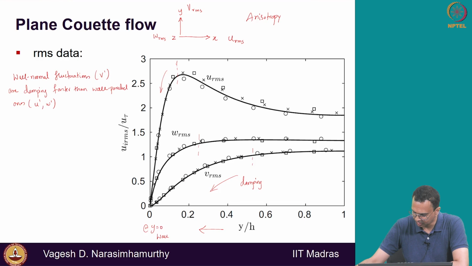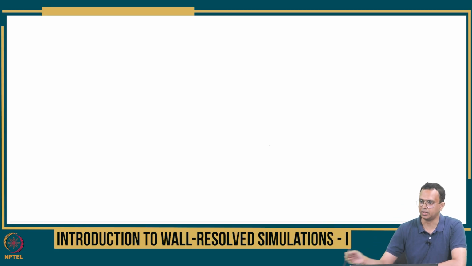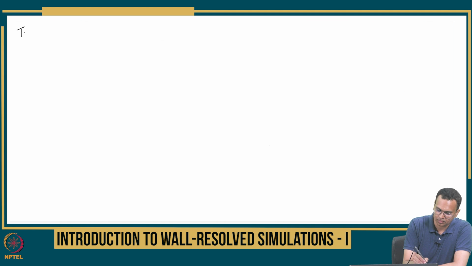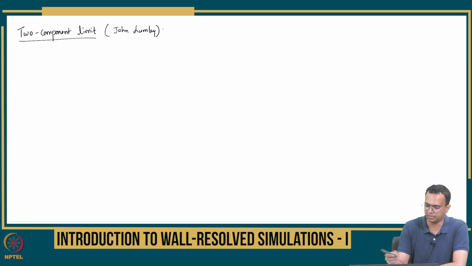So this particular state of turbulence is called a two component limit. This was discovered by John Lumley. There is also a turbulence theory book written by him.